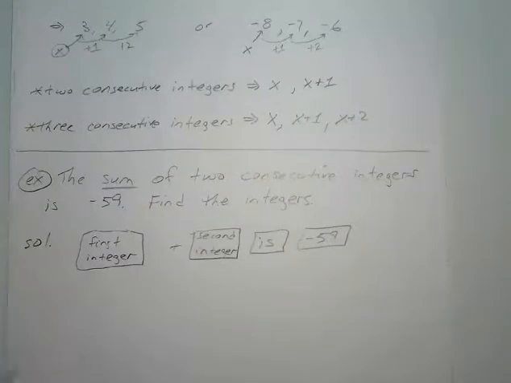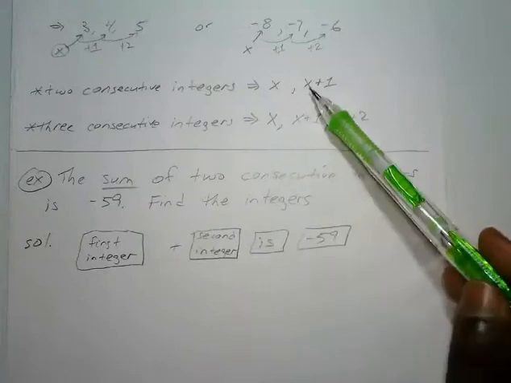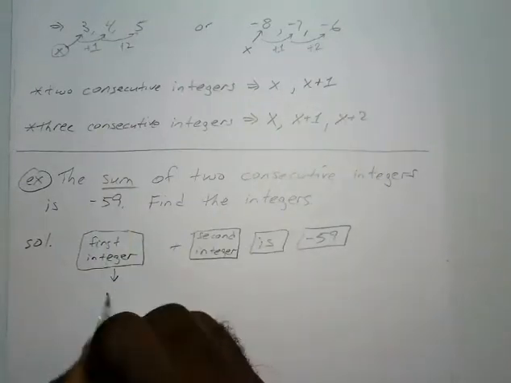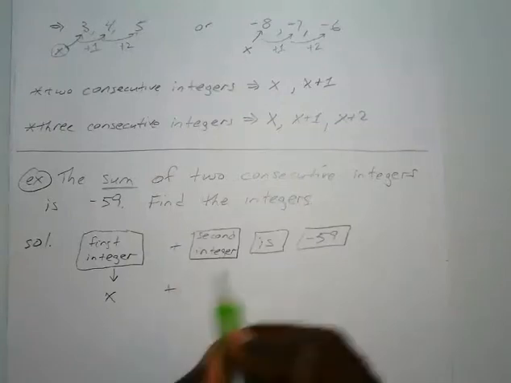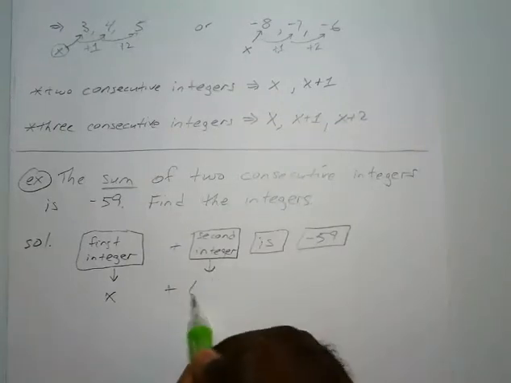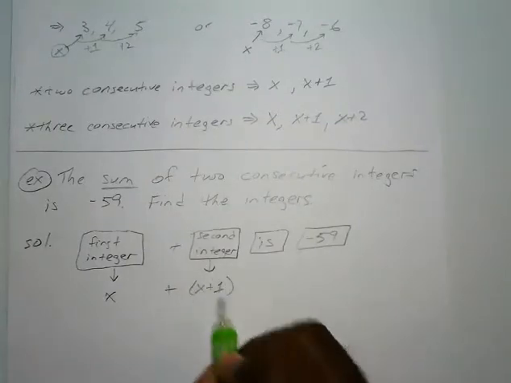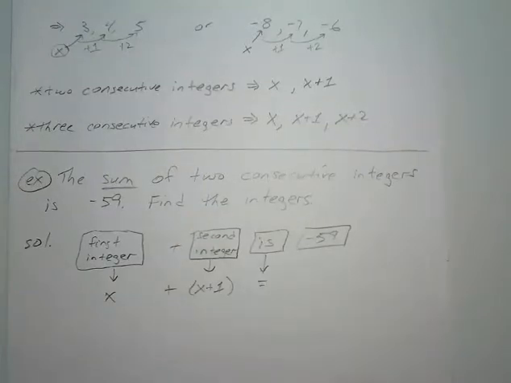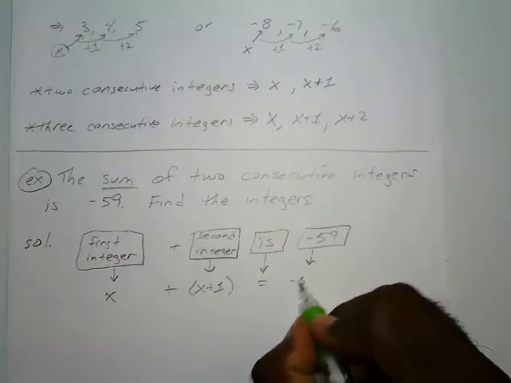Okay, so we know when we have two consecutive integers, those two integers are x and x plus 1. So we'll make our first integer x plus our second integer, which we can make x plus 1. Remember, is means equal to negative 59.